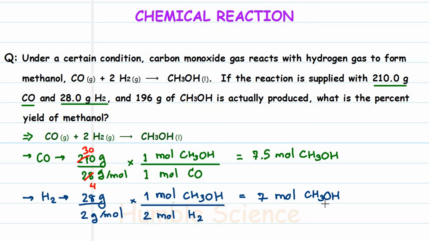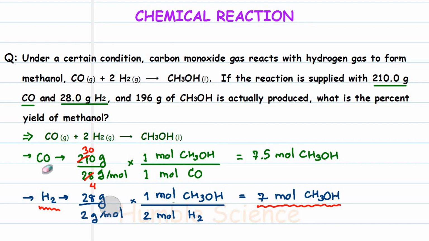So if hydrogen gas is used up, we're going to get 7 mole of methanol, and this is the lower number. Hydrogen gas is the limiting reagent, and we're going to be able to obtain 7 mole of methanol.